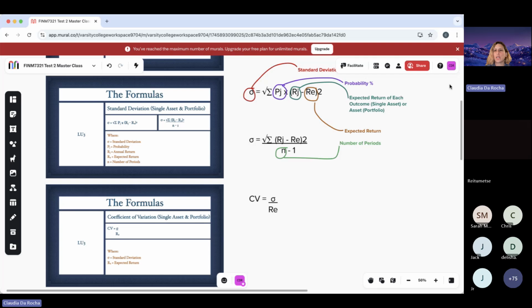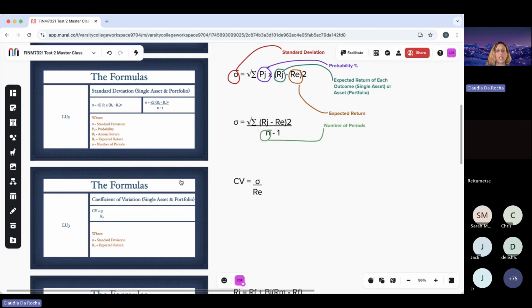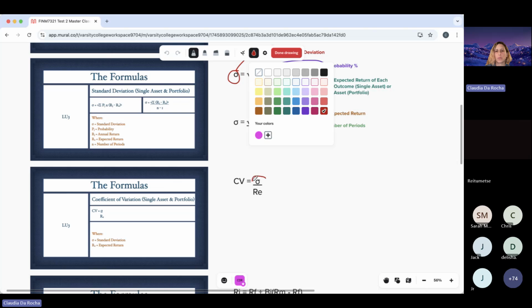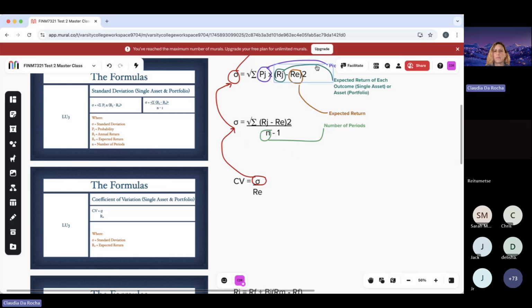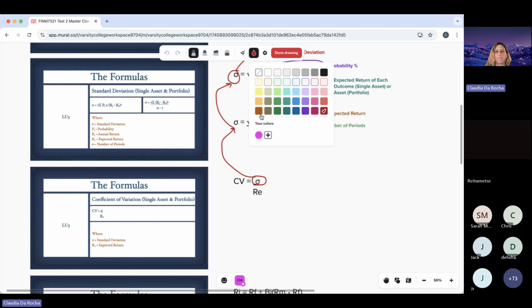All right, then if we go down to our coefficient of variation, it's very, very simple. It's basically our standard deviation divided by expected return. So it's the same as what we have here. Okay, same. And then we have our expected return, which is the same as our brown guy.